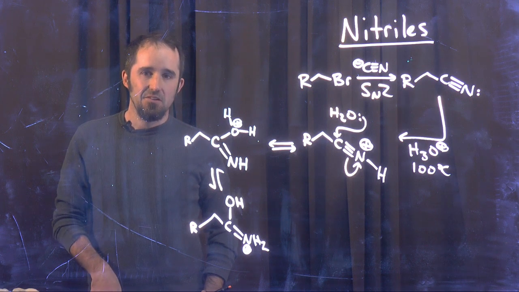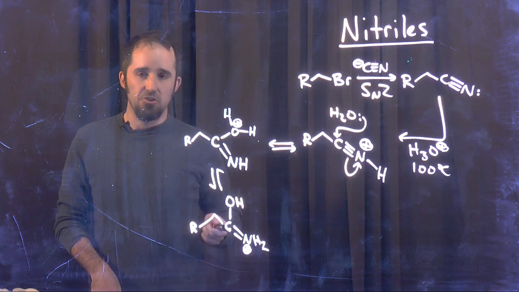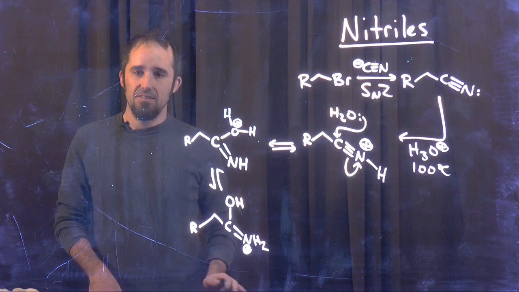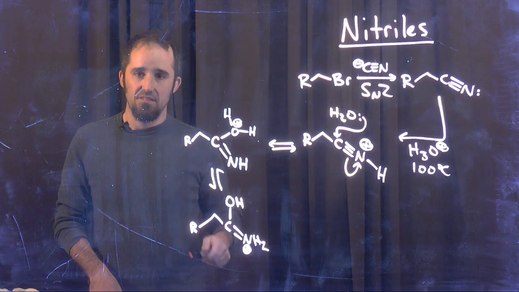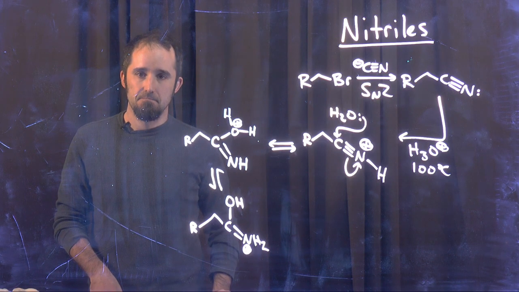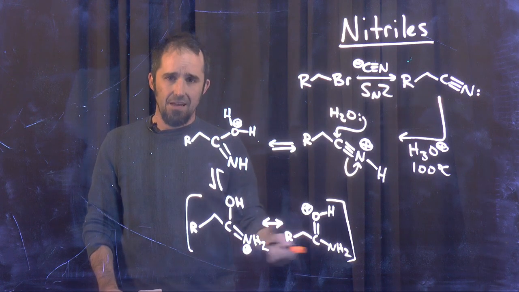Now, here's a fun trick. Draw a resonance structure of this bottom intermediate. Go ahead, stop the video for a second, and see if you can draw the resonance structure of this intermediate. So here it is. This is a resonance structure of this. So these are the same things.